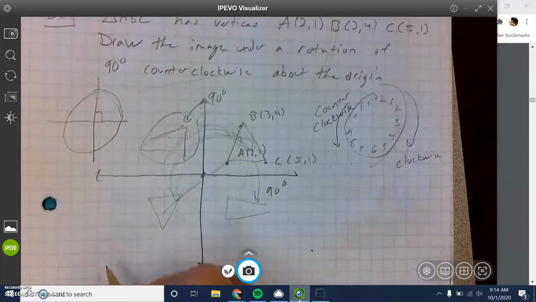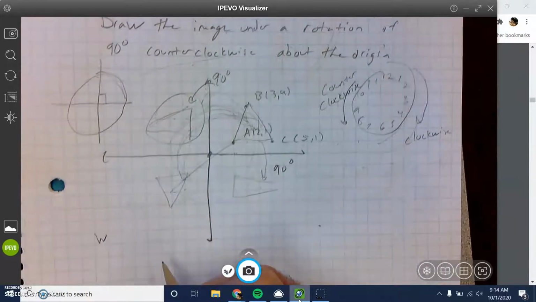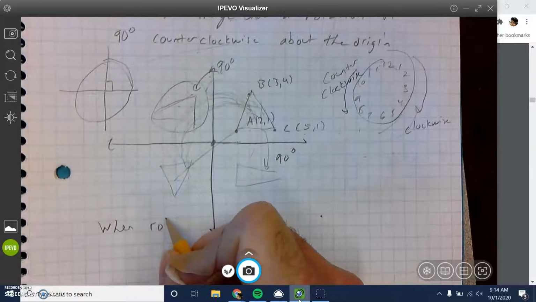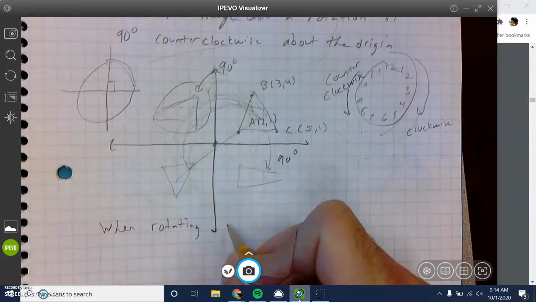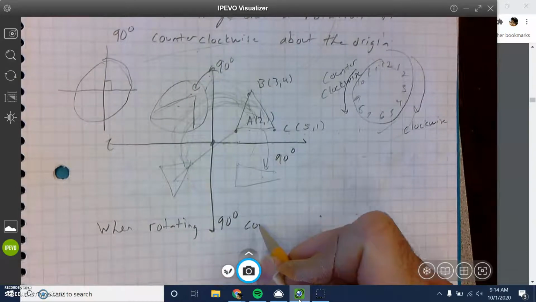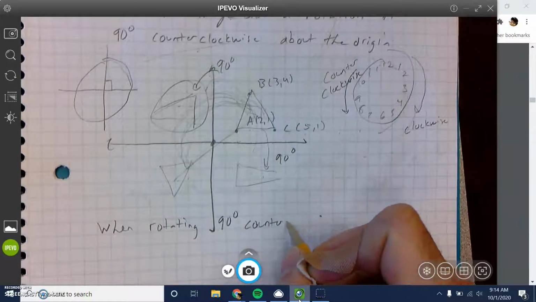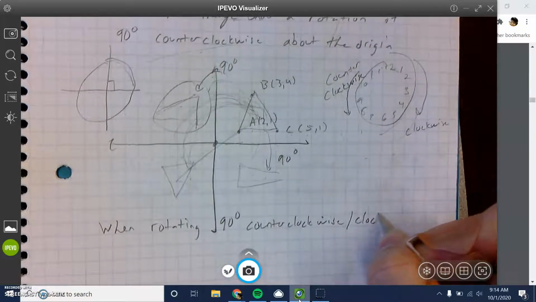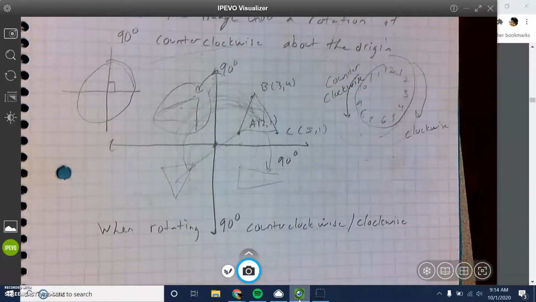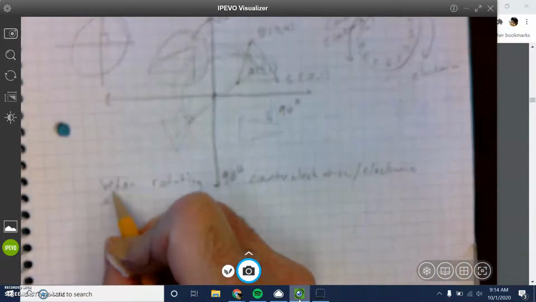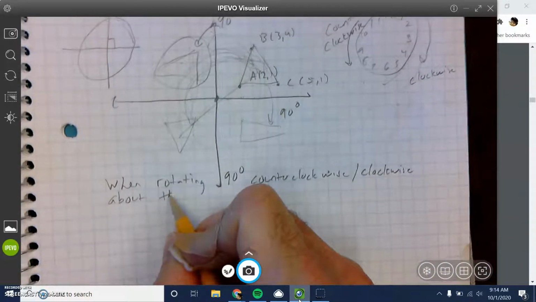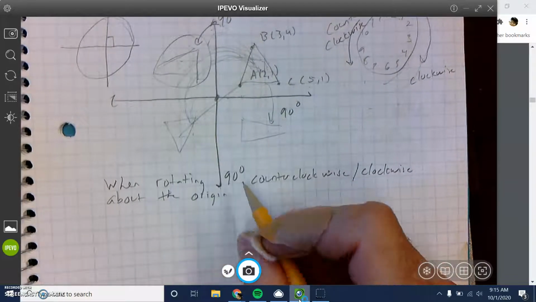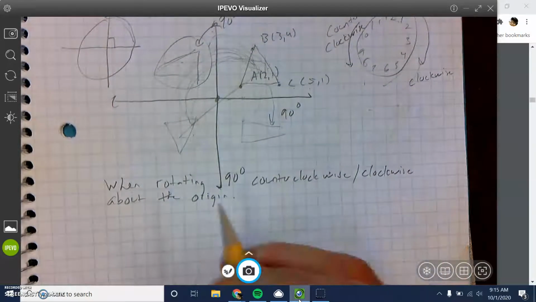There's a little rule. When rotating 90 degrees counterclockwise or clockwise, we're going to do both, about the origin. Okay, so this is what you're going to do.